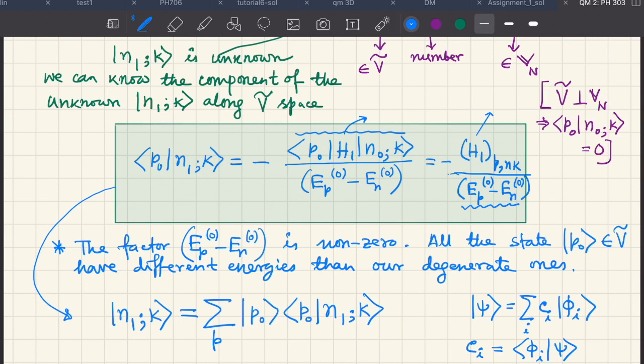And you can therefore use this result here to write your ket psi as sum over |phi_i⟩⟨phi_i|psi⟩. So this is exactly the same thing that has been done in this step.